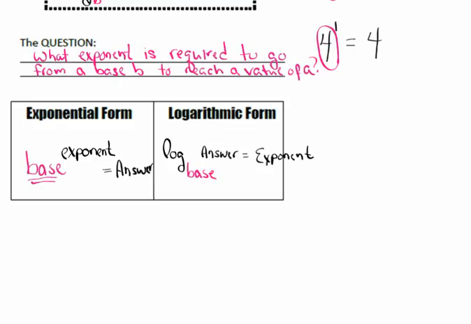One of the things I want you to notice here is that the base is always the base, no matter what. When I'm rewriting into the log form, I'm going to have the equals and the exponent next to each other. So that means the e's are together. And the answer is the argument.